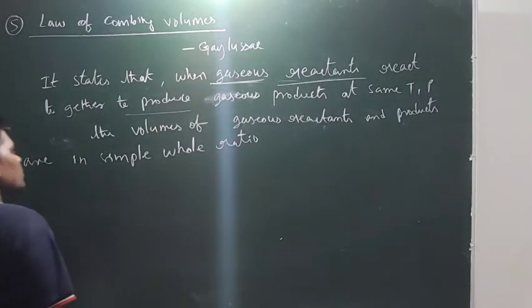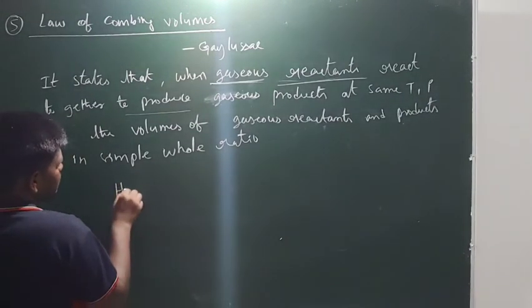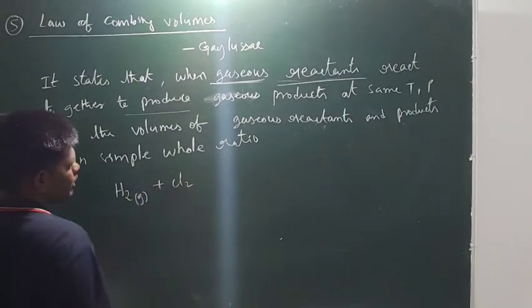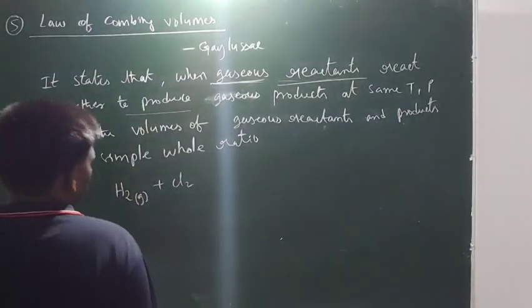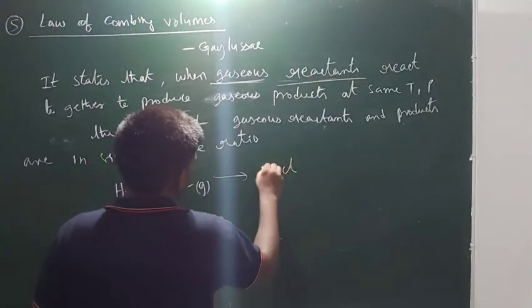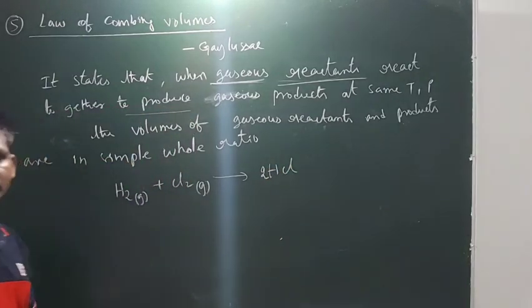Let us take one gaseous reaction, guys. Hydrogen gas, when it is treated with chlorine gas, gives 2 molecules of HCl.